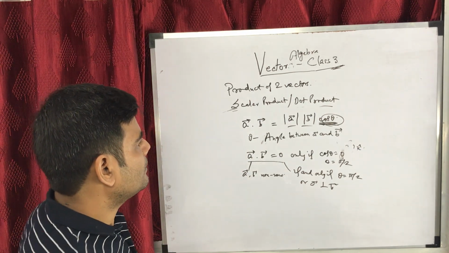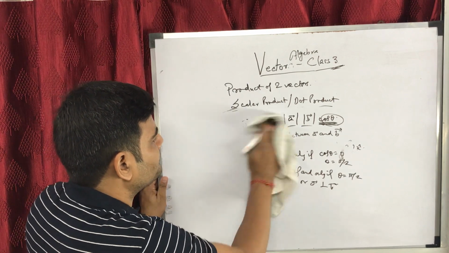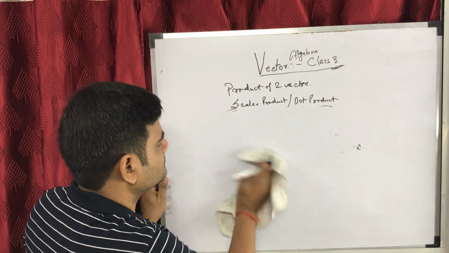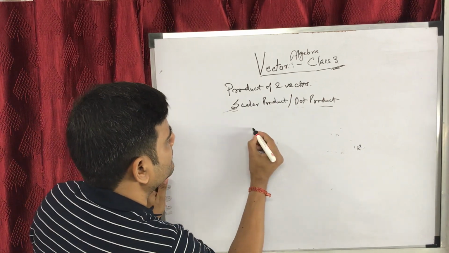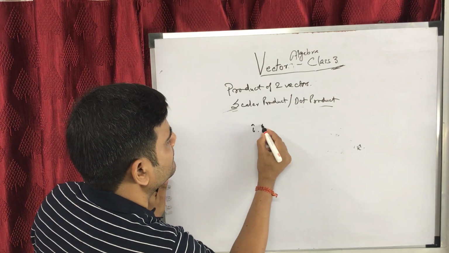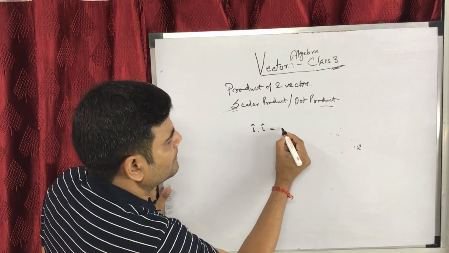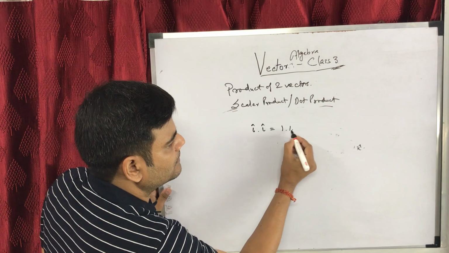Next we talk about unit vectors. I dot I: how much is I dot I? 1 into 1, right?